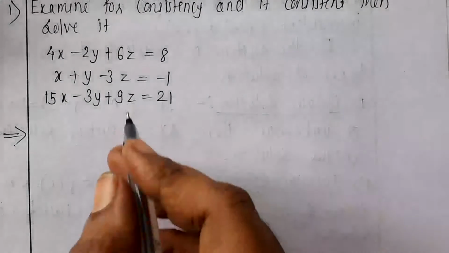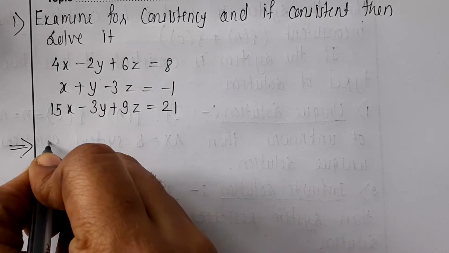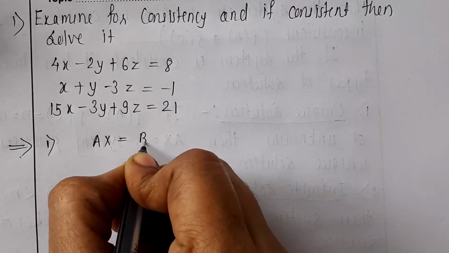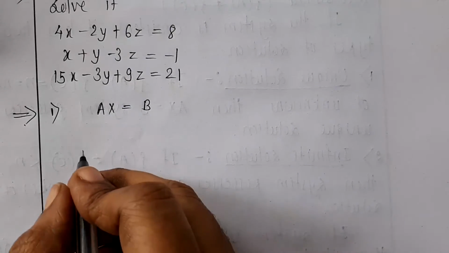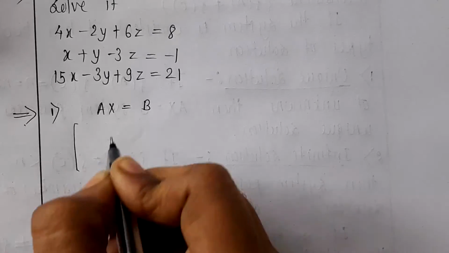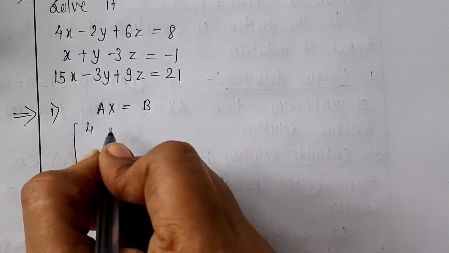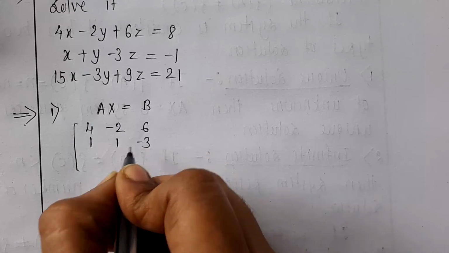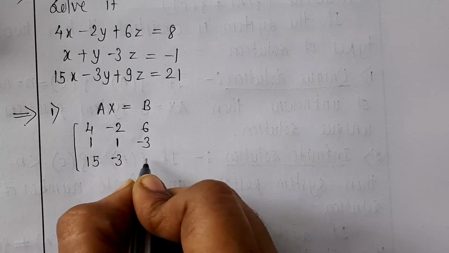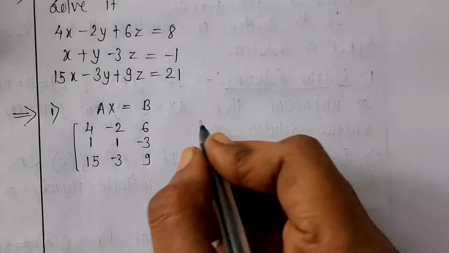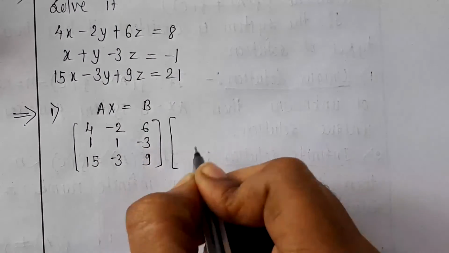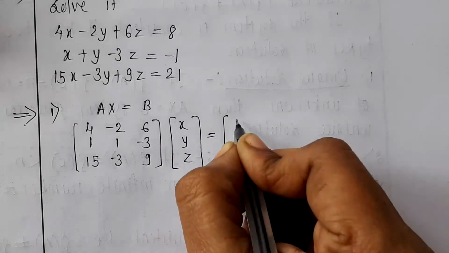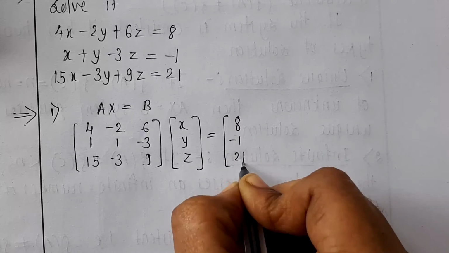First we write it in matrix form, AX is equal to B. But what is A? A is the coefficient matrix. So A is here 4 minus 2 6, then 1 1 minus 3, 15 minus 3 9, multiplied by the unknown matrix x y z, and B is the right hand side matrix, which is 8 minus 1 and 21.